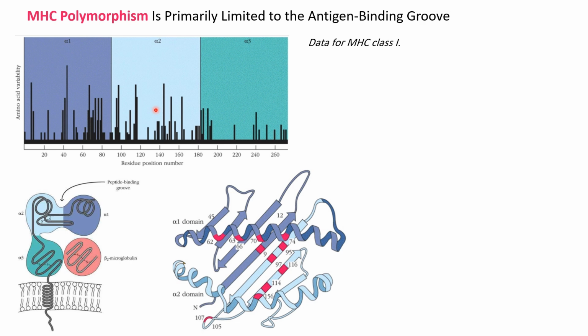In the case of the MHC, this huge variation within the population is actually beneficial and helping the population as a whole to survive. So that's what they call balancing selection.